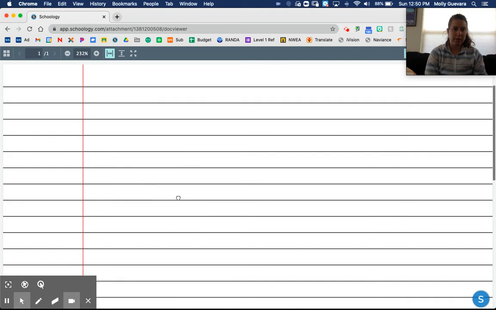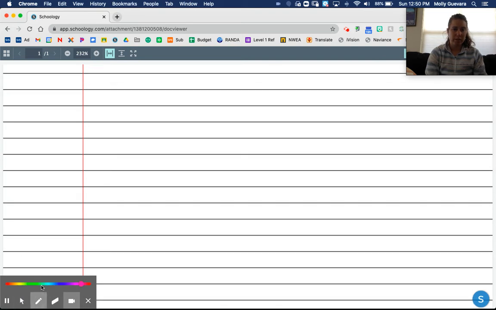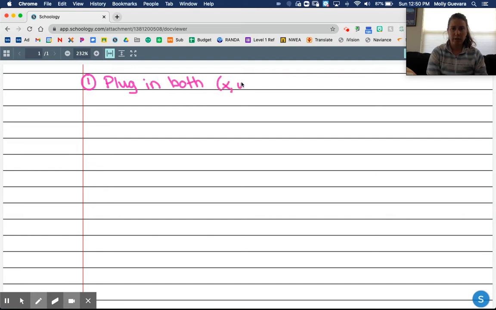So let's scroll down here a little bit so I can fit all my steps. Okay, so step 1, first thing that you have to do is plug in both of your points, so both of your xy points, into the equation.